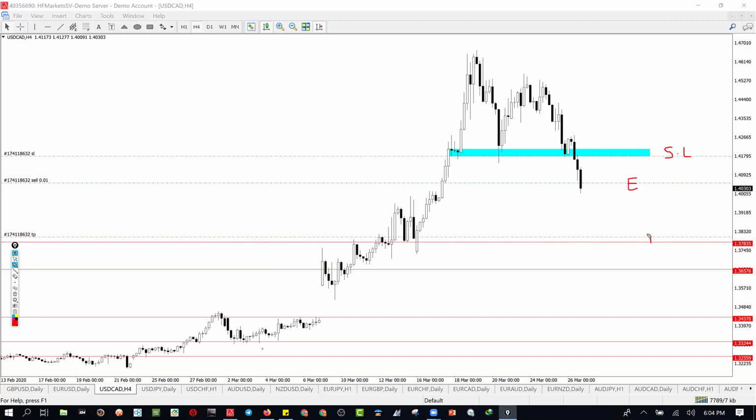This is the take profit. You can click on the entry level right here, right click. Close sell, close trade.